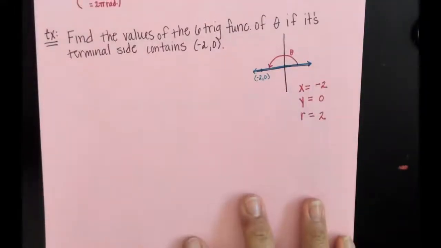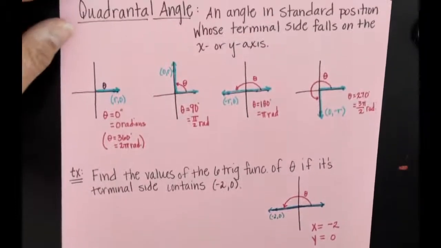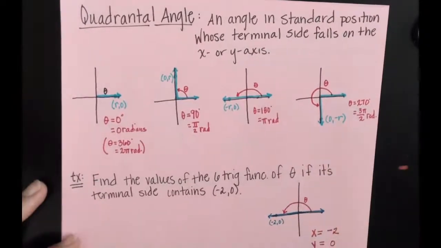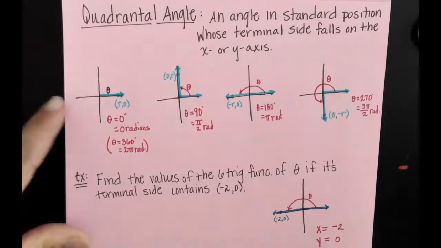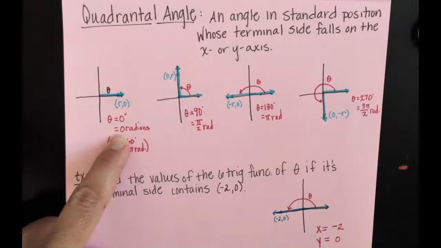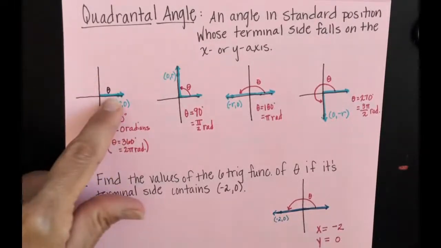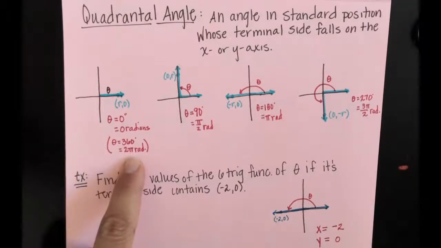So now what we're going to look at is what happens if our angles don't fall someplace inside one of the 4 quadrants. What happens if they actually fall on one of our axes? So what happens if theta is 0 degrees or 0 radians? It also could be that it came all the way back around and was 360 degrees or 2 pi radians.